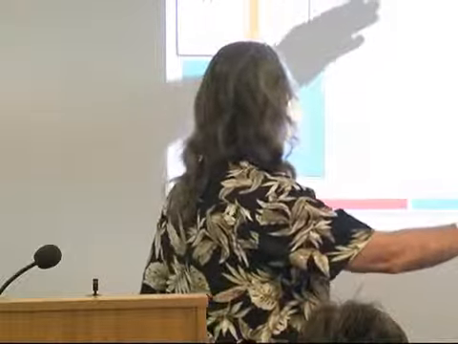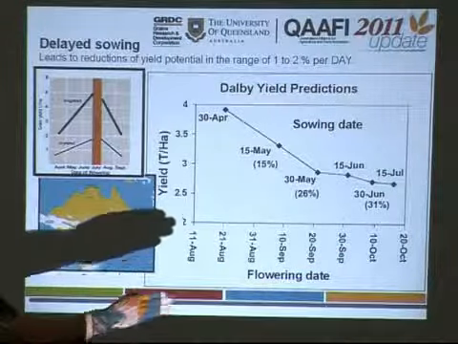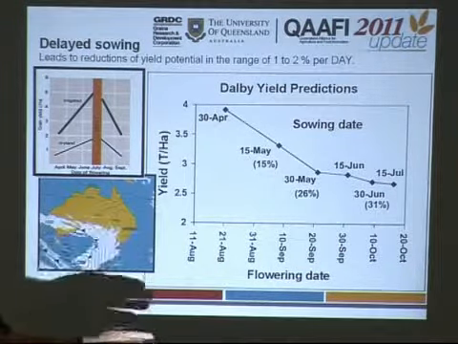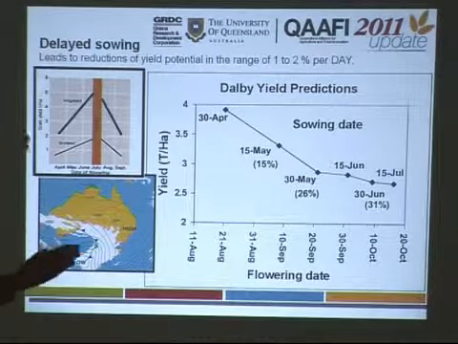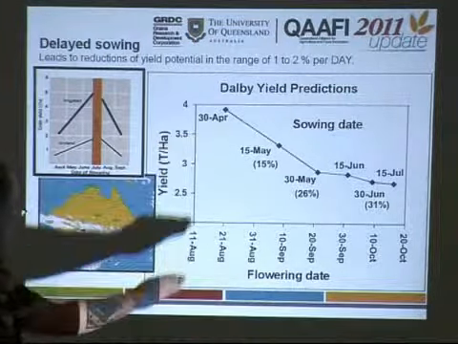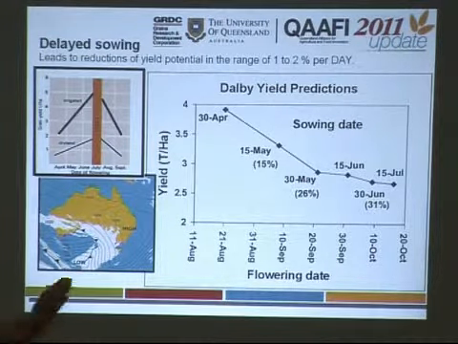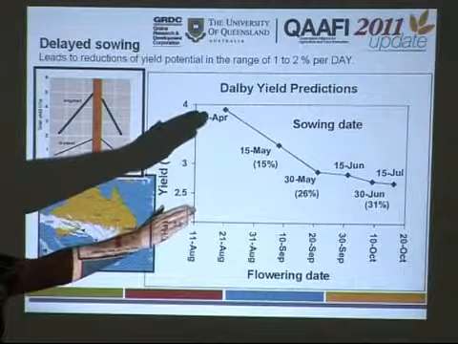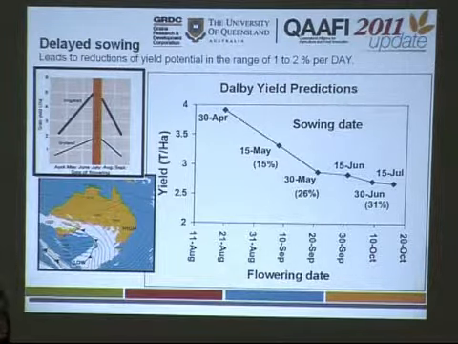Now, here's some data that was provided to me from Whopper Cropper, and you can see that the yield here in tonnes per hectare is plotted against the flowering date down here, and I've put the sowing times here. So this is the estimated flowering date in Whopper Cropper. They don't run Whopper Cropper for absolutely ridiculous scenarios that they know are going to be killed for frost.